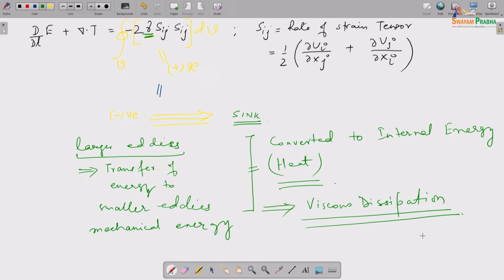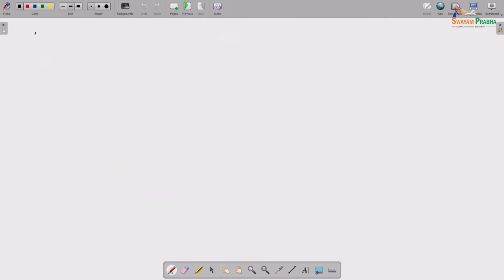Then the next thing that we did is we took a mean of this equation. Let's do that again.